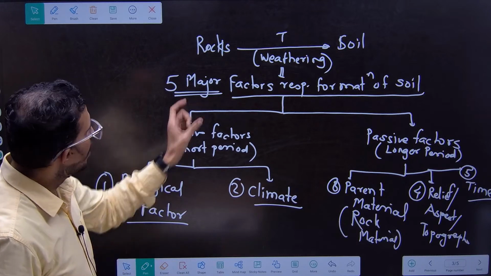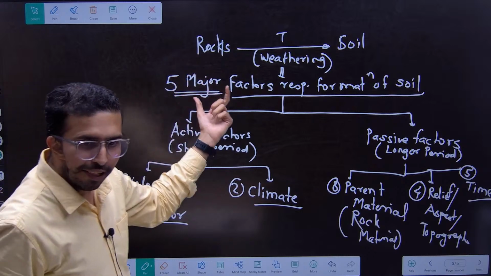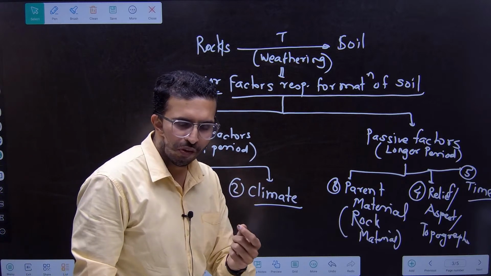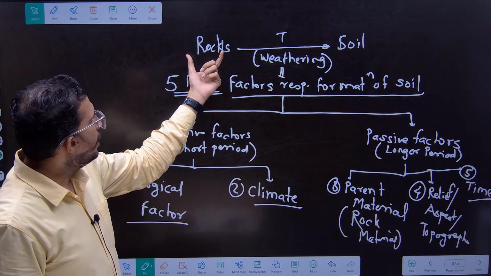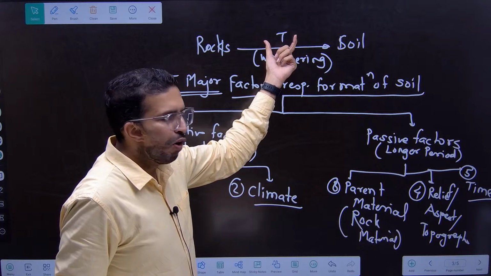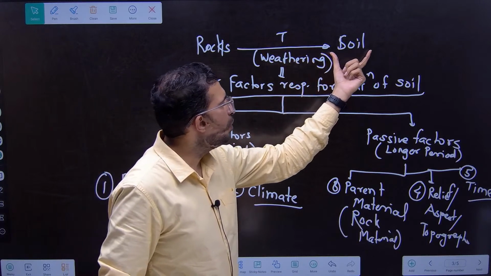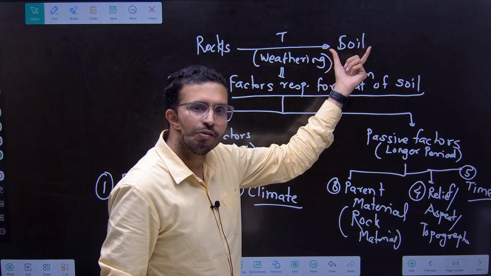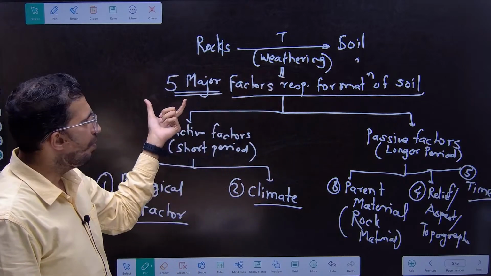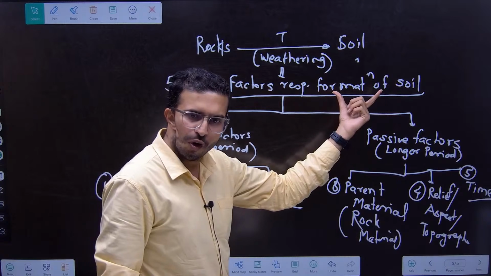Again, the rock, which topic are we seeing? The factors responsible for the formation of soil. We are seeing the rock underwent the weathering process in the span of millions of years, which transforms into the ultimate product, that is the soil. The 5 major factors are responsible for the formation of soil.